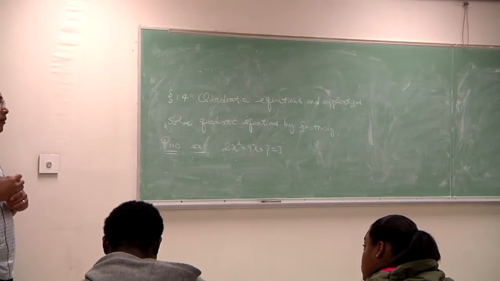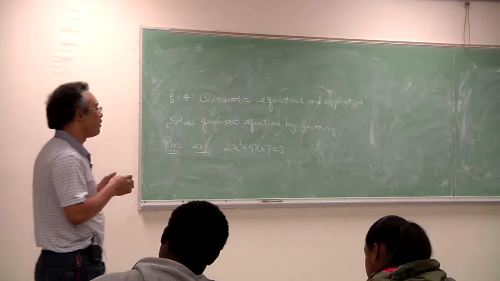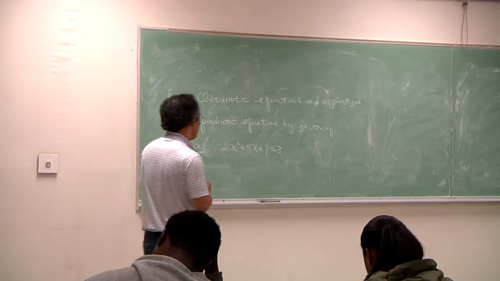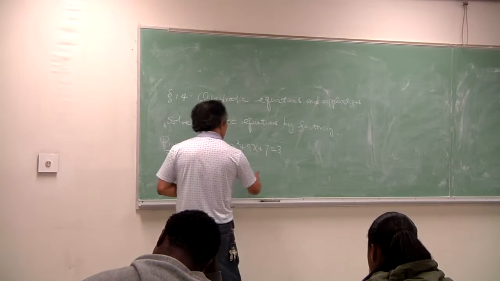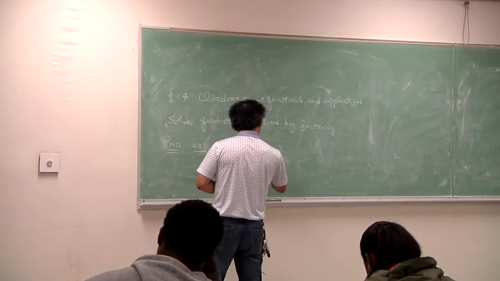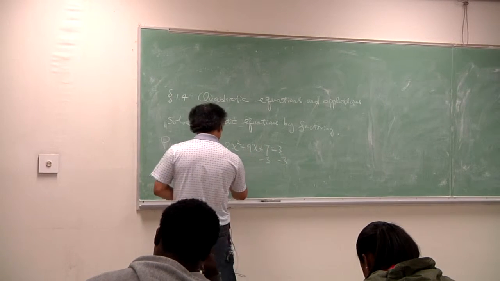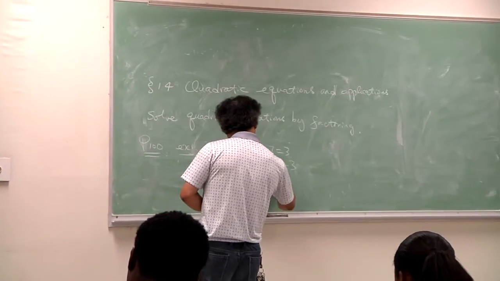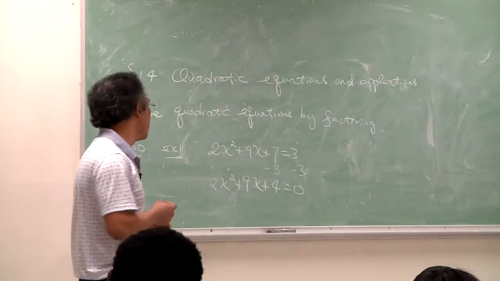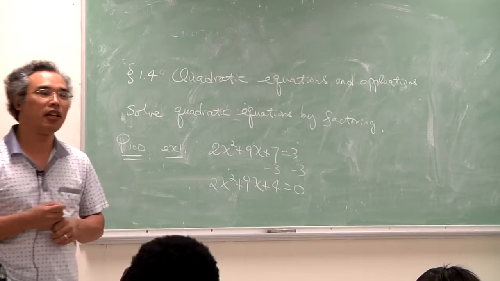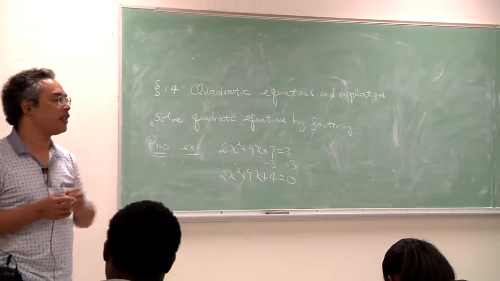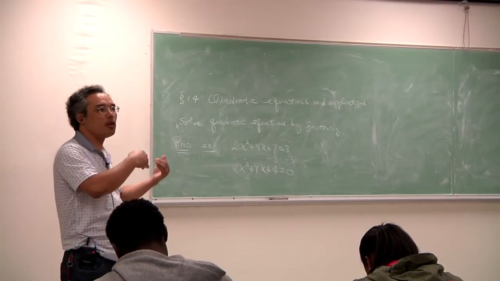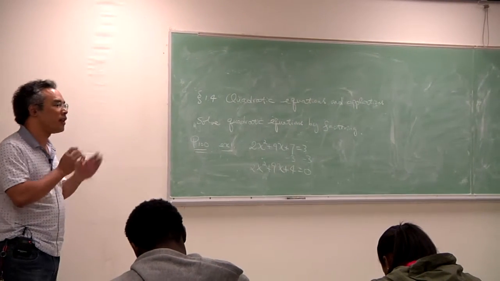The first step is to put all the terms on one side. So you put 3 to the left. If you subtract 3 on both sides, you get a 4 on the left. So that becomes 2x squared plus 9x plus 4 equals 0, then you factor the left side. First put everything on one side, and then factor.